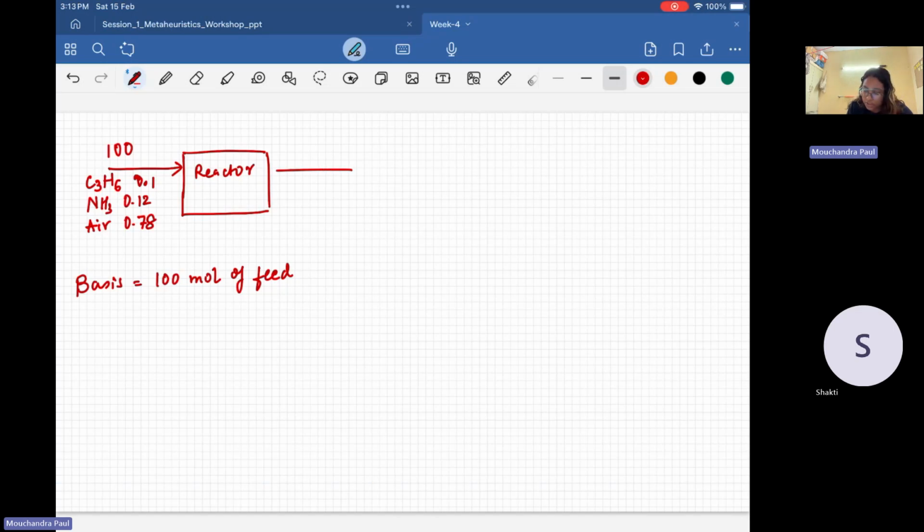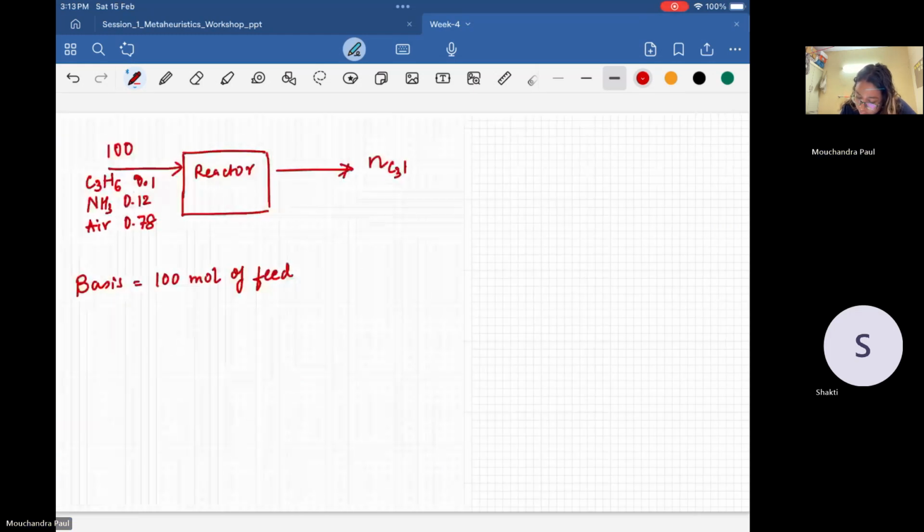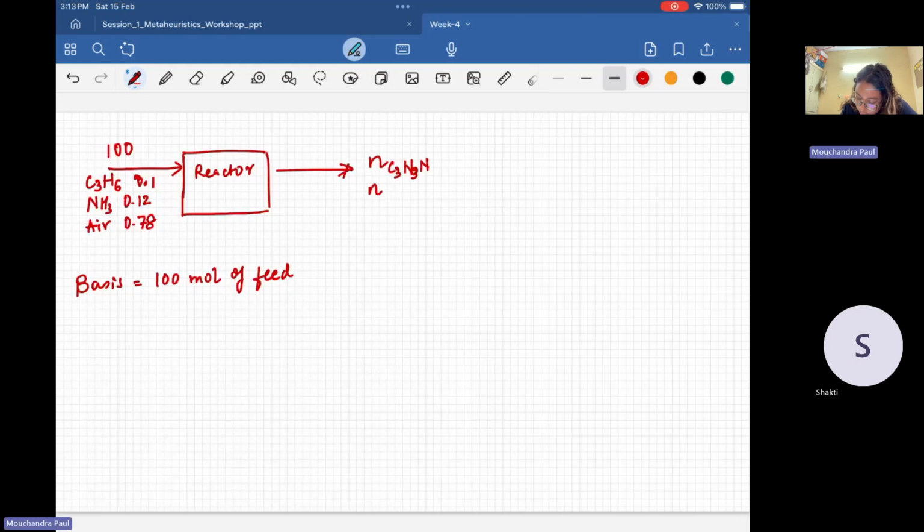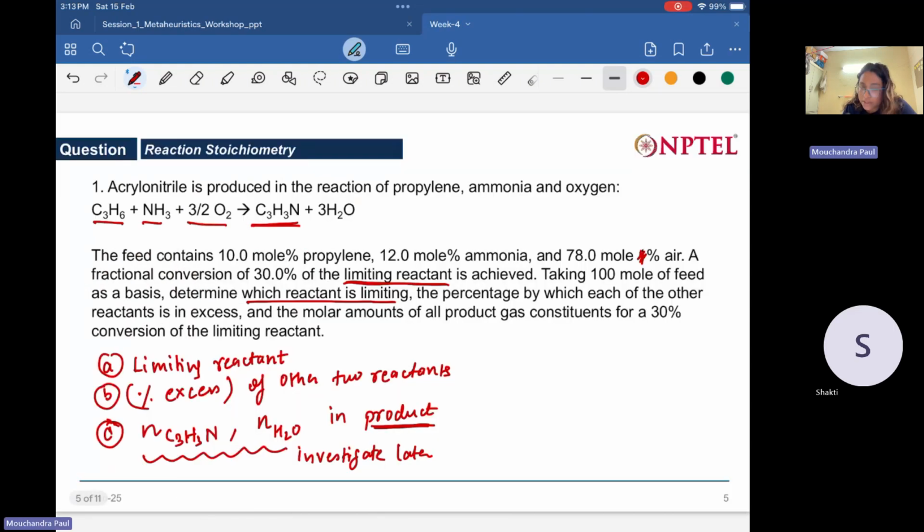And what is coming out? Definitely the reaction products, which are acrylonitrile, C3H3N, and water. These two will come out and the reactants will also come out. Since only 30% of the limiting reactant is converted, even the limiting reactant is not going to get fully consumed.